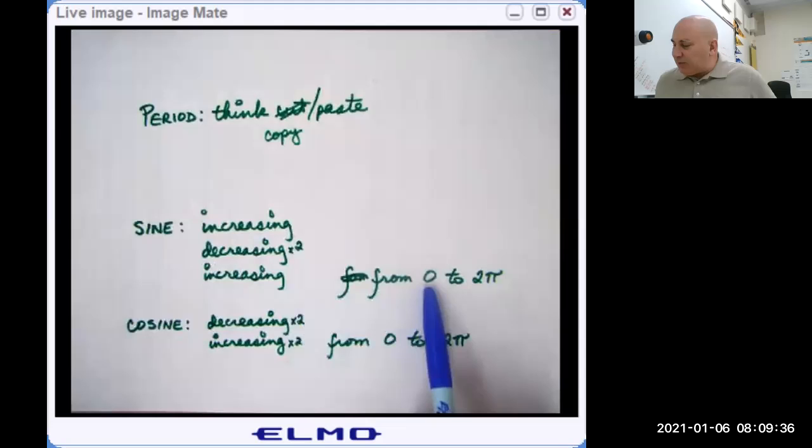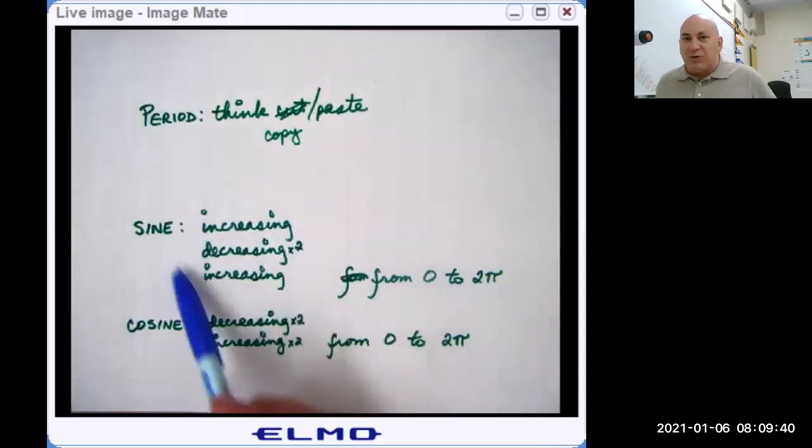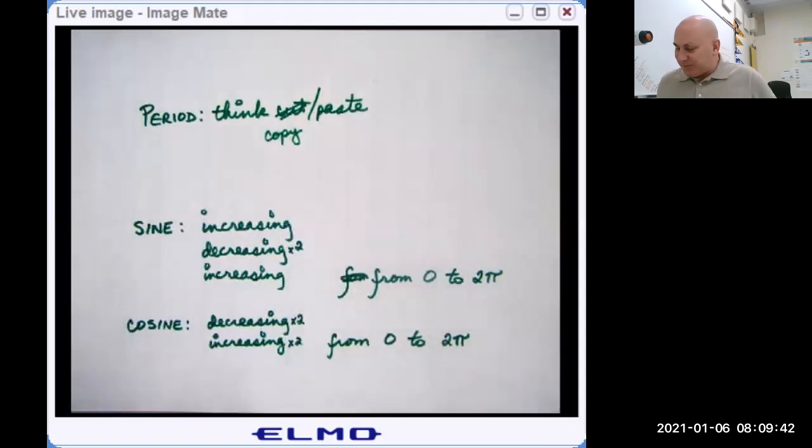So sine goes from 0 to 2 pi. This is what the graph of the sine function does. Cosine starts at a maximum, so it decreases through the first and the second quadrants, then it increases through the third and the fourth quadrants.